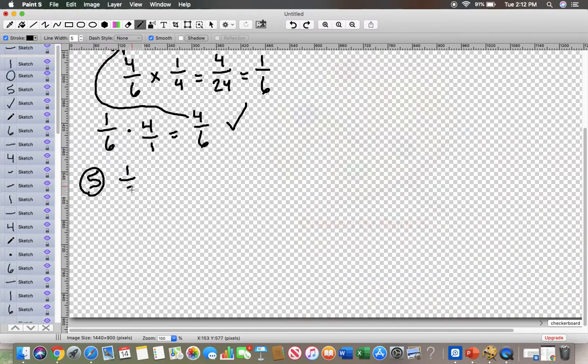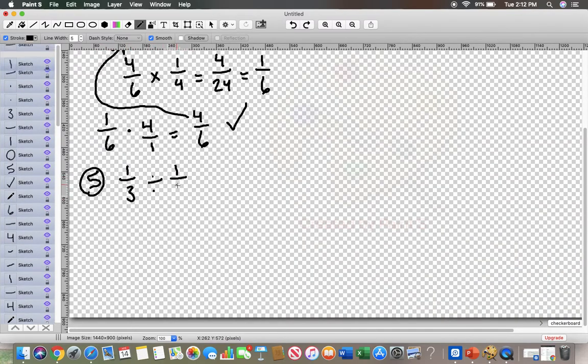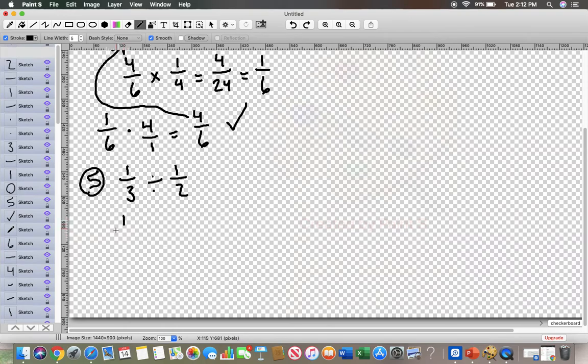I've got 1/3 divided by 1/2. Let's use the reciprocal method. So 1/3 stays the same. The division sign changes to multiplication, and I'm going to multiply by the reciprocal of 1/2, which would be 2 over 1, or just 2. Therefore, 1 times 2 is 2, 3 times 1 is 3.